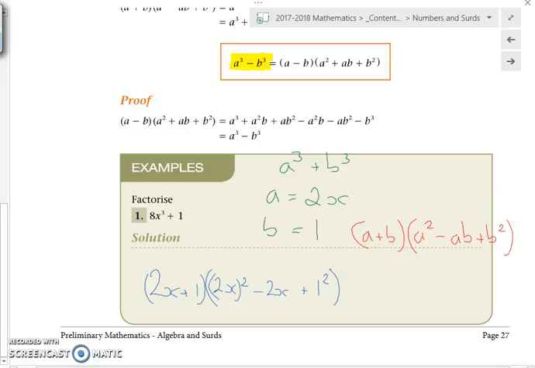Okay, notice how I put the 2x in brackets. Everything in the brackets is squared, because remember, it is everything in the bracket that is squared. So what do you end up with for your final answer?